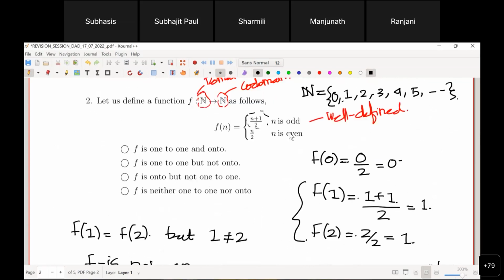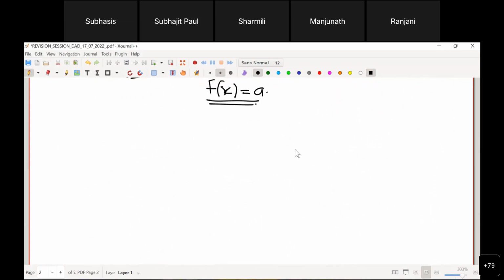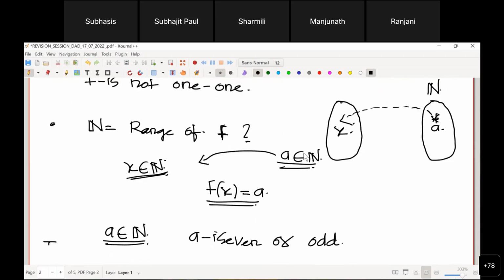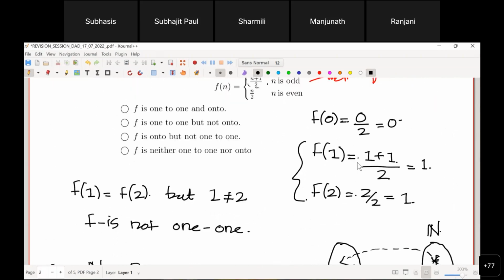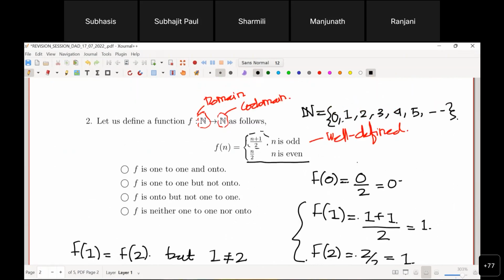So now we need to use this trick. Suppose you pick an element a in your codomain. Either a is even or a is odd. But it doesn't matter actually, because using the second definition, you can directly say that this function is onto.